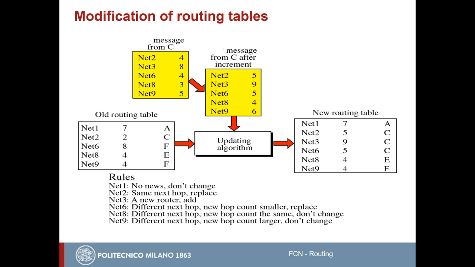But if the distance is 2, why are we incrementing only by one? No, here the link is... I didn't understand. I see that the distance from the link that we are considering in C is 2, but we're incrementing.